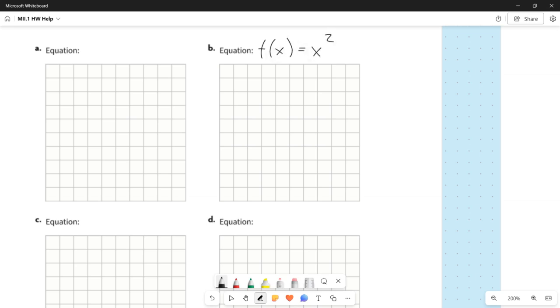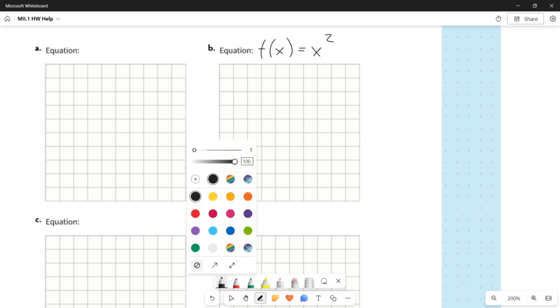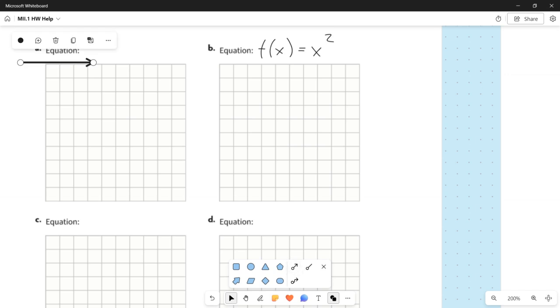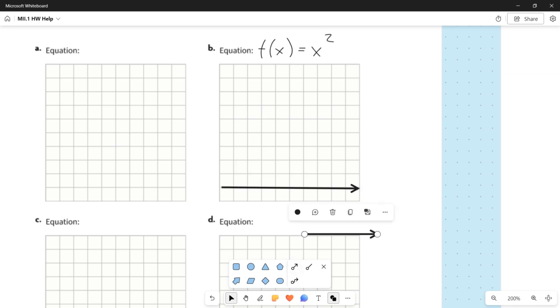Now, in order to graph this, we're going to have our x-axis. We are going to have our y-axis.